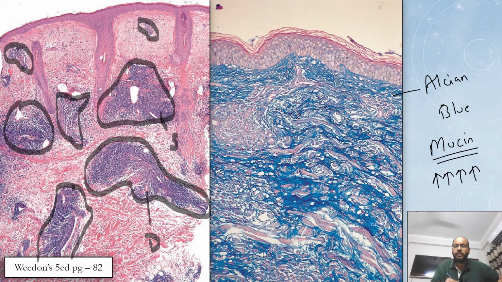And if this would have been H&E, all the blue areas would have been white, and you would have just seen empty spaces in between, and you would have made a diagnosis of dermal edema. But if you have a strong suspicion of Discoid lupus erythematosus, then you use special stain like Alcian blue to stain for mucin and see this amount of mucin in the slide.